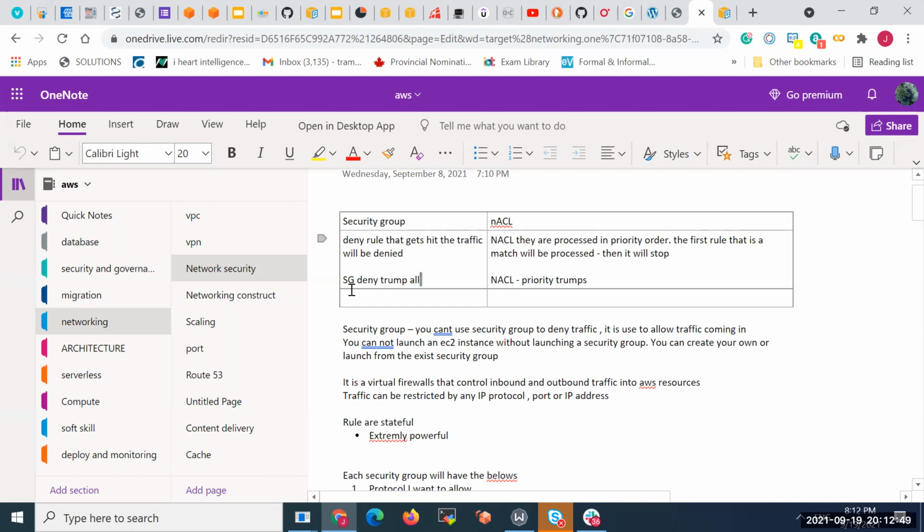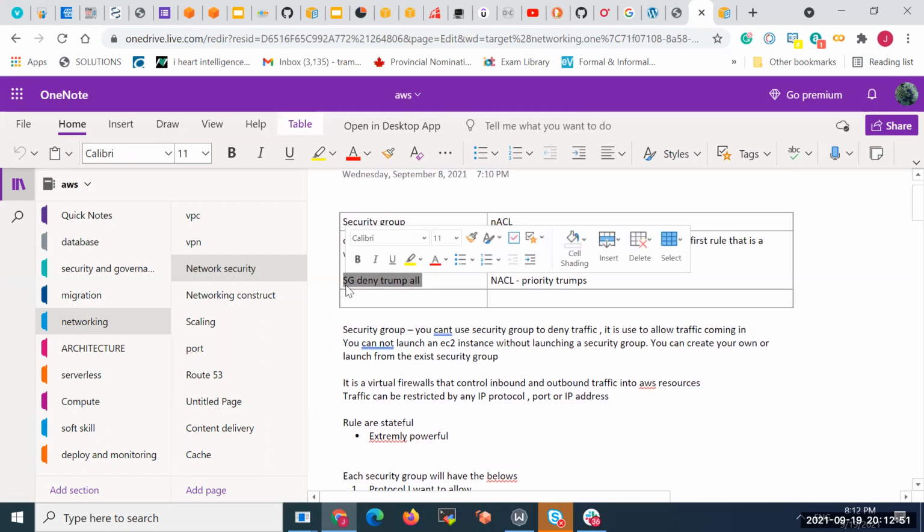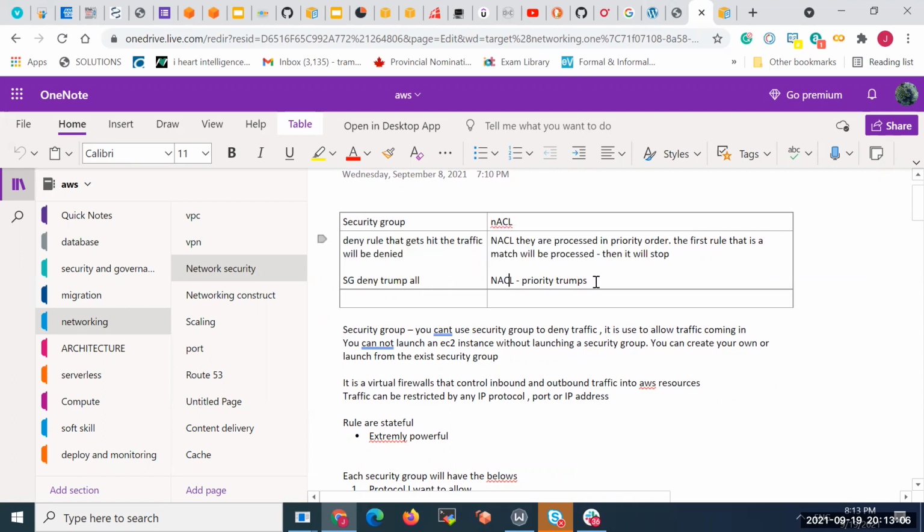So in security group, deny trumps. So if you have an address that you don't allow to access, then everything else could be denied. And in the network access control list, priority trumps. So they process in priority order.